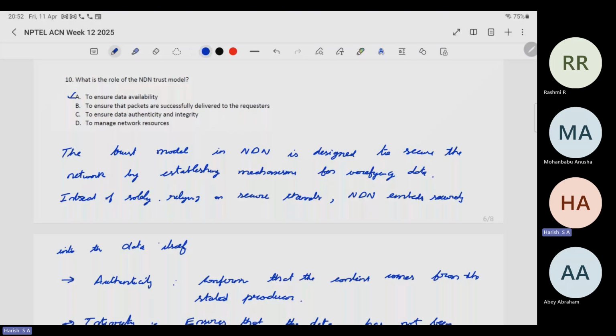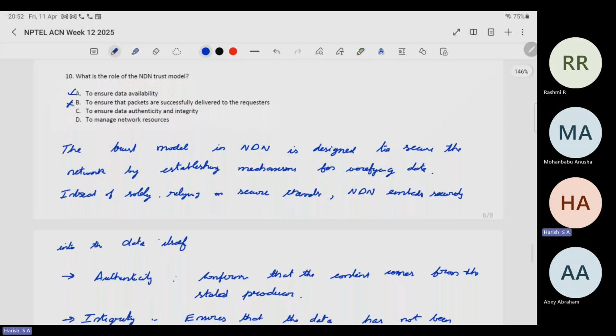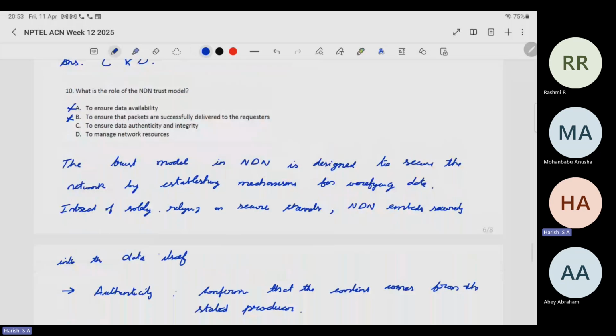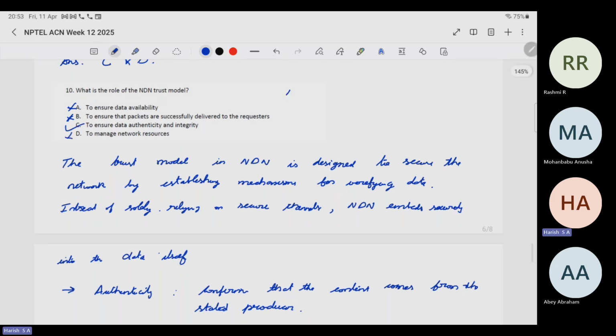No, because it's only best effort; it has nothing to do with guaranteeing delivery. To ensure data authenticity and integrity, yes, this is what we just saw. To manage network resources, no, it doesn't make sense. So the answer to this is C.